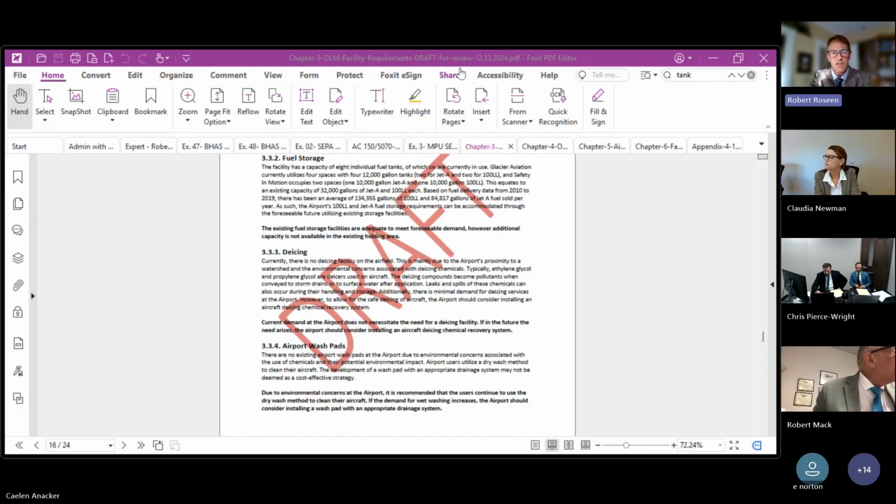The problem with glycol is it's water soluble. So when it mixes with water, it's basically contaminating water. The easiest way to de-ice is at the gates. We just spray it on, but that doesn't work when you have a critical aquifer recharge area.